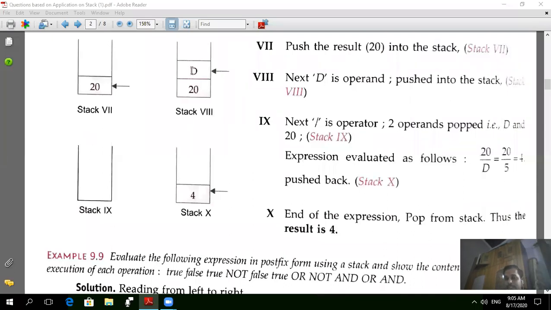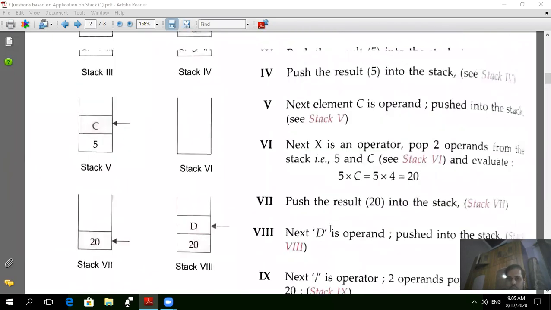Why? Because d comes first and then 20 will come. So 20 divided by d, the value of d is 5. So 20 divided by 5, the result is 4. Then 4 you have to push into the stack. This is the final result.